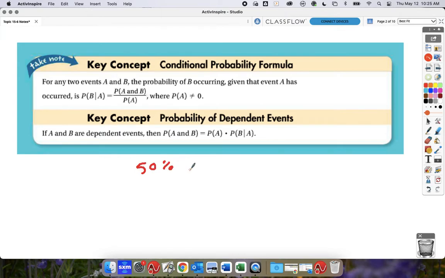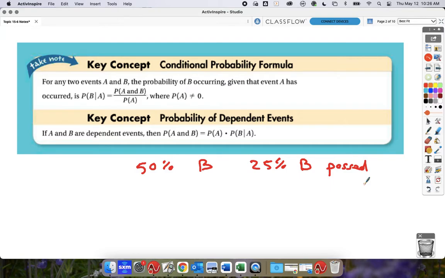50% of people took Form B, and 25% of people that took Form B passed. Does your passing percentage depend on you taking Form B?